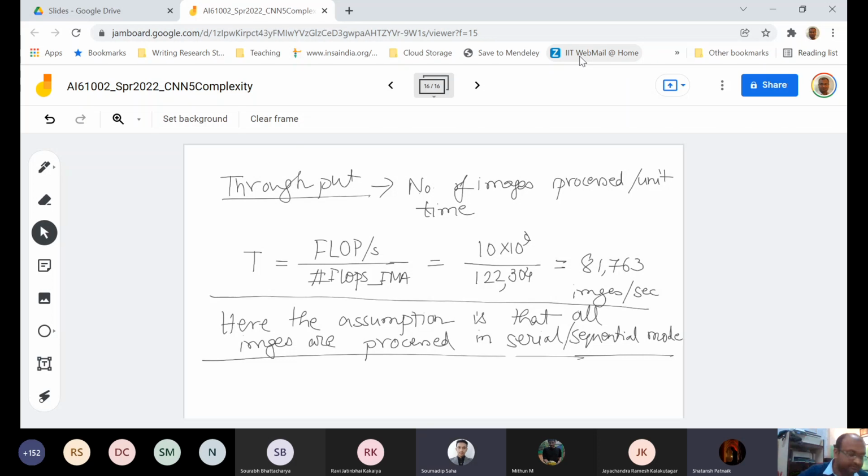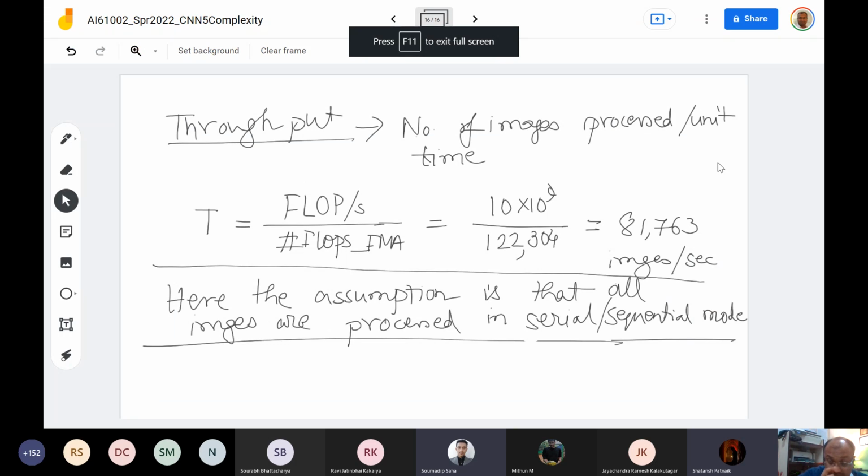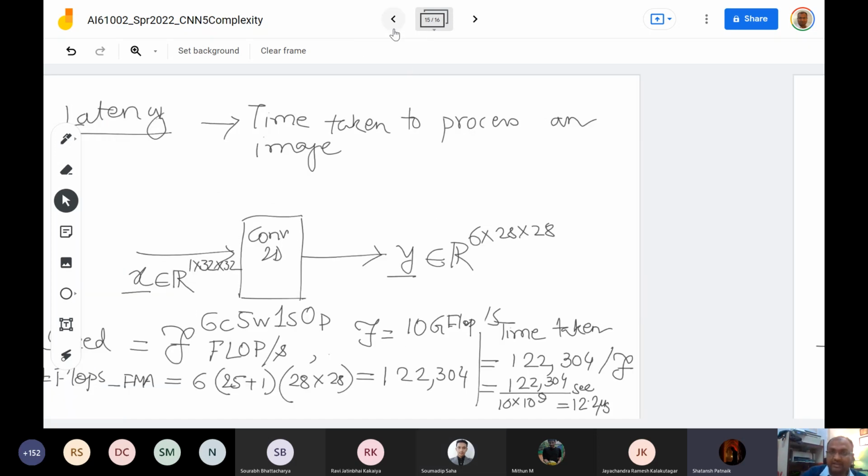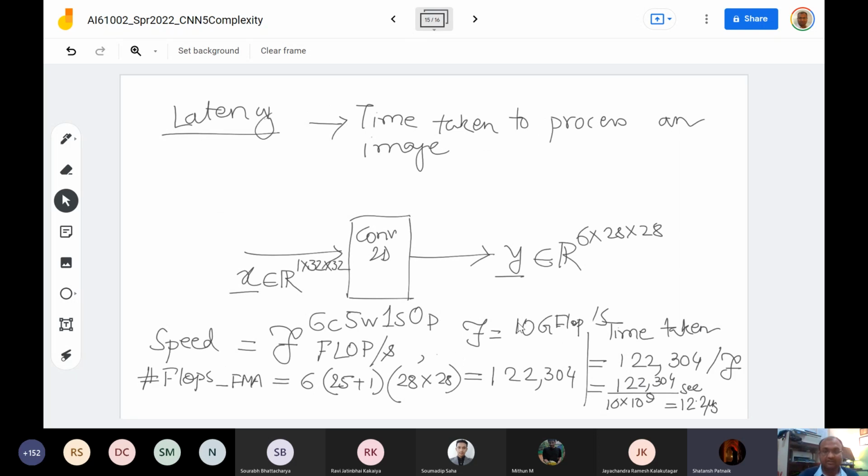Sir, I have a doubt. In the last line, you said the processing time for each image increases when using parallelism, but the number of images we can process at the same time will increase. No. When using parallelism, your latency does not increase. Latency is going to remain constant. Latency is a simple factor of the speed with which you can process and how many operations you are going to do.